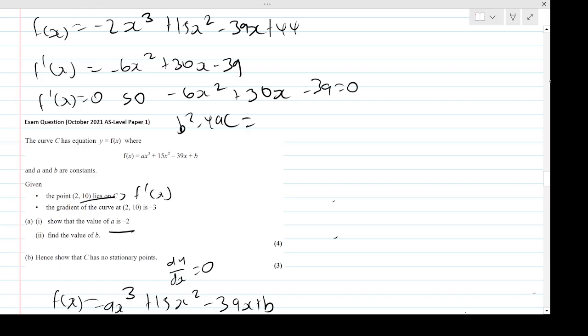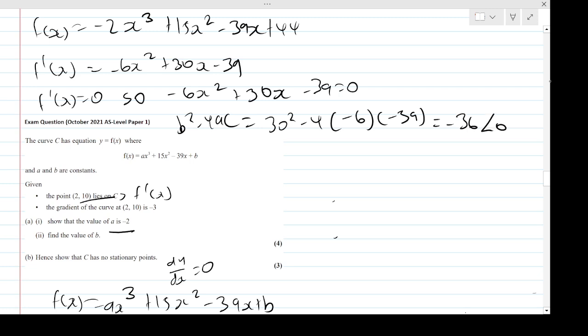If we work this out, that's going to be 30 squared, take away 4 lots of -6 of minus 39. So if we work that out, that would get me minus 36. But that's a negative.